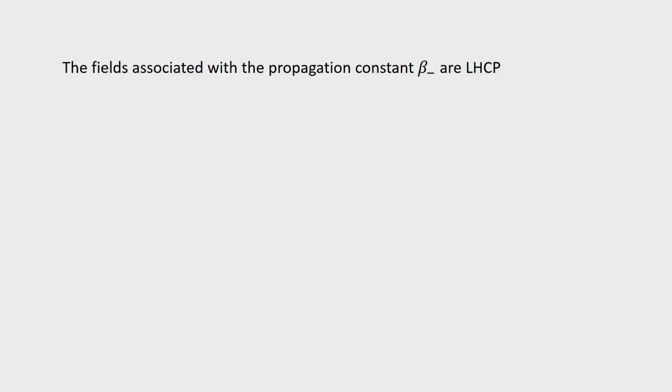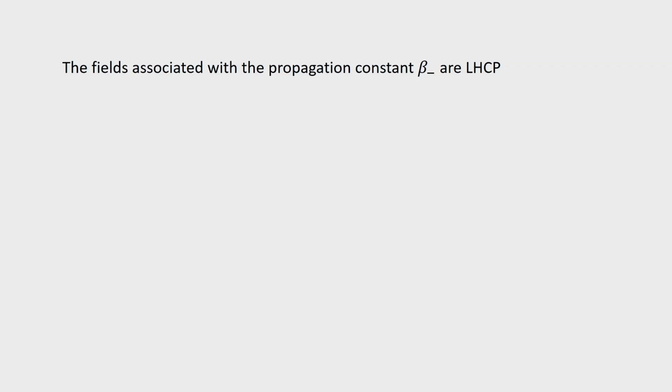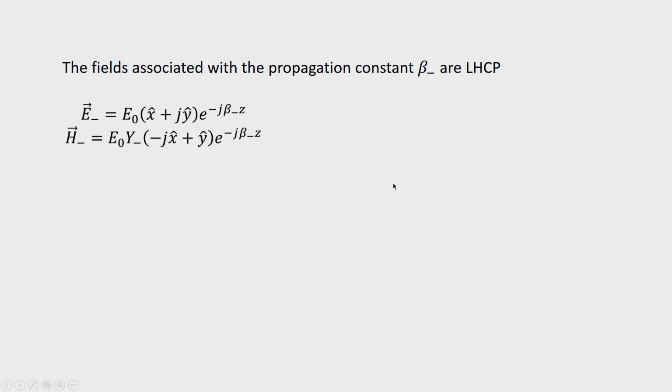In the same manner, we can find that the fields associated with the propagation constant beta minus are LHCP, or left hand circularly polarized, and therefore we can write E and H for beta minus as shown.